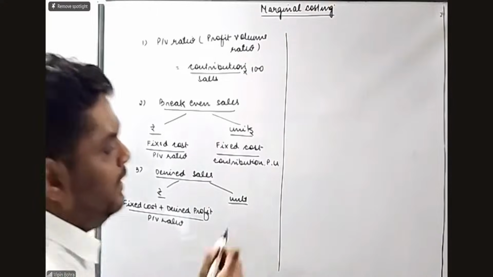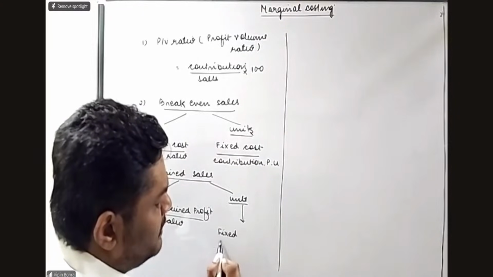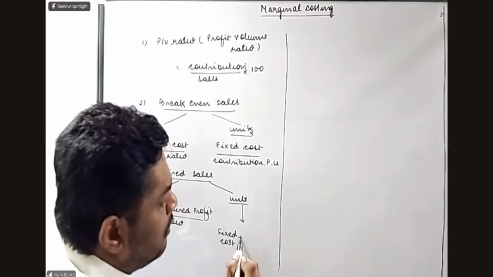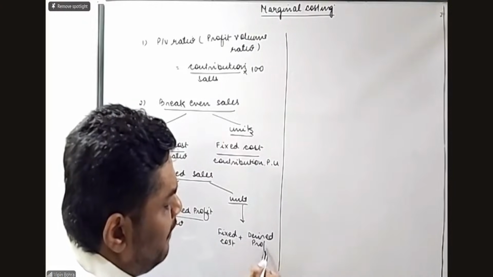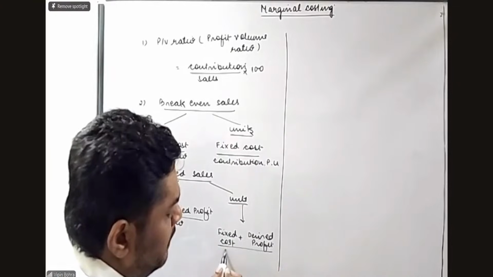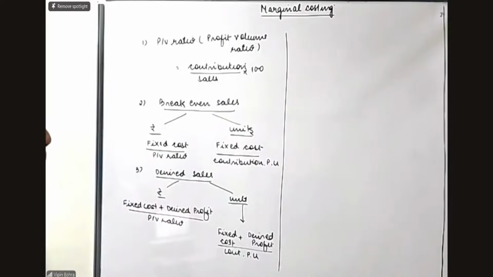And if you want to calculate it in units, again the same: fixed cost plus desired profit divided by contribution per unit.